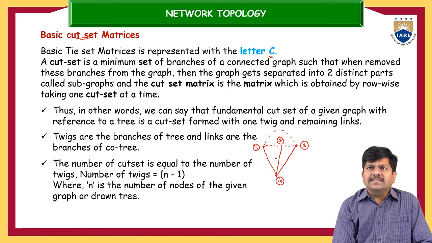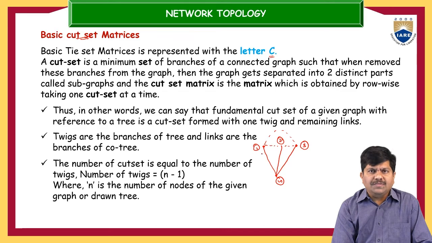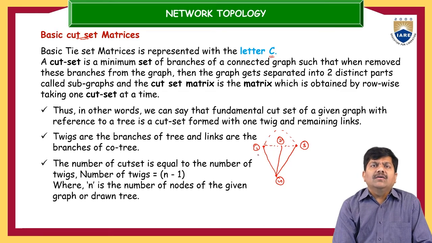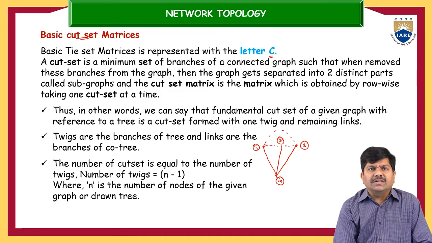In this cut set matrix, divide the total graph into two halves, not equal halves, just halves. I am going to divide this entire graph into two halves by eliminating one node by disconnecting the associated branch. That is very, very important here.